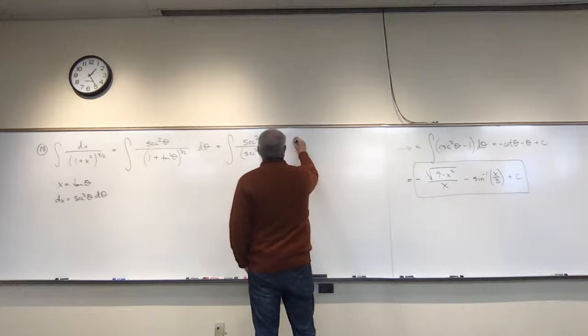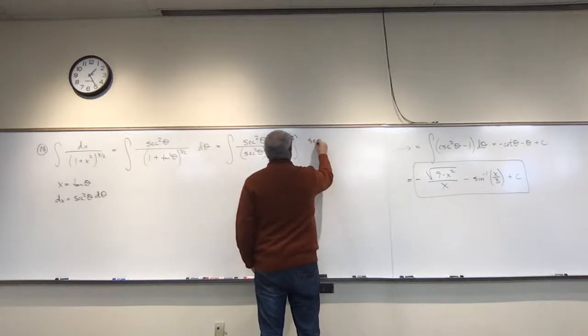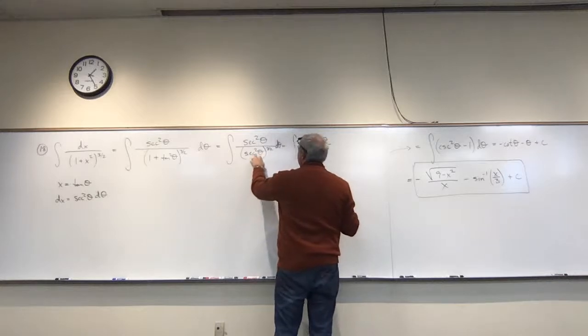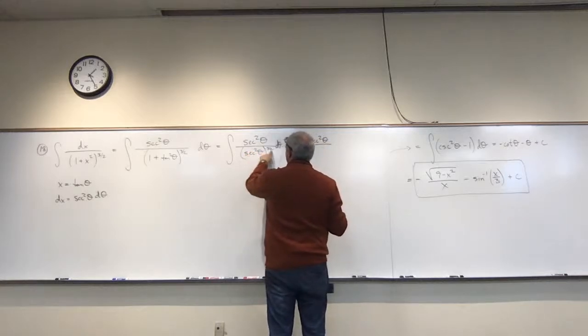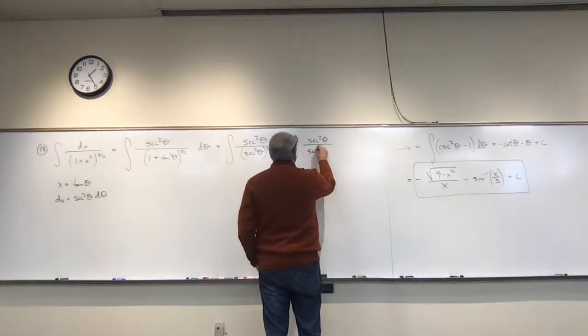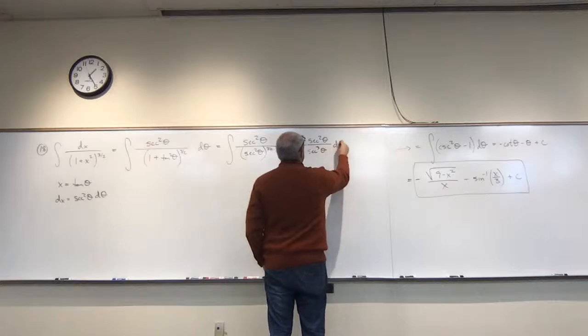So we have the integral of secant squared theta on top. On the bottom, I have secant squared theta to the 3/2. So I multiply the powers, which would give me 6/2, or secant cubed theta d theta.